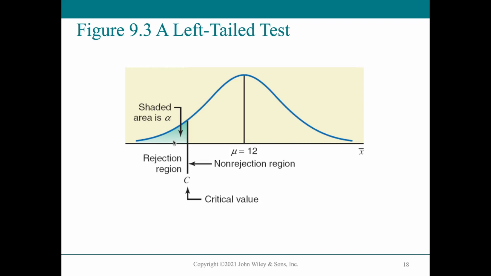Because in the two-tailed test, the rejection region is divided between the two tails. However, for a left-tailed test, you are only concerned whether it's less than your mean, and that is concentrated on one side. That is why it looks like a larger area, because the whole alpha is not divided into two, but is concentrated on the left side. So this is your rejection region for a left tail test.